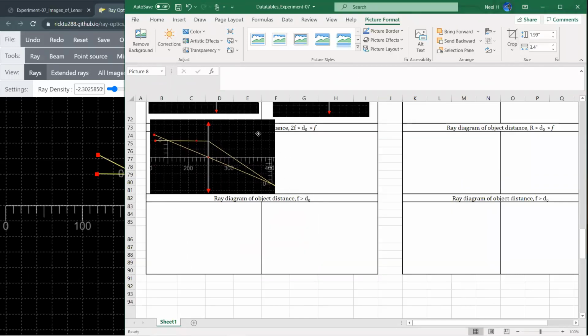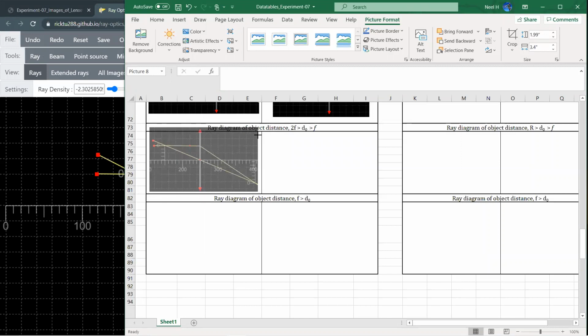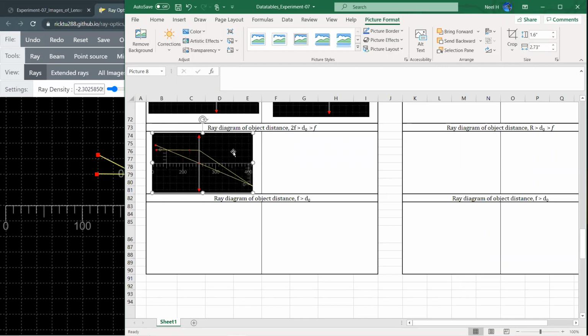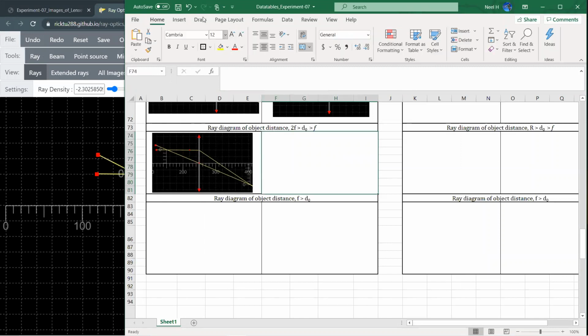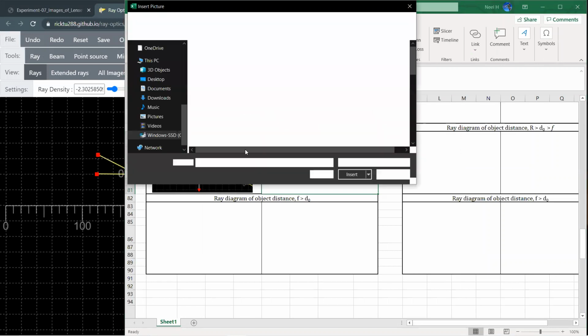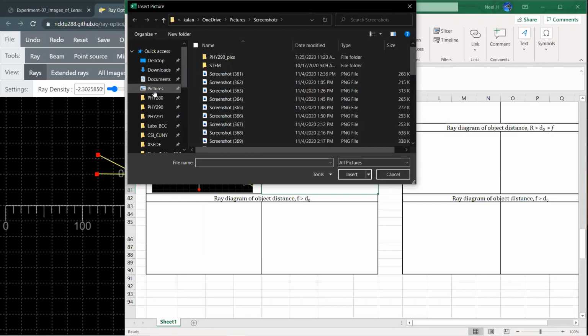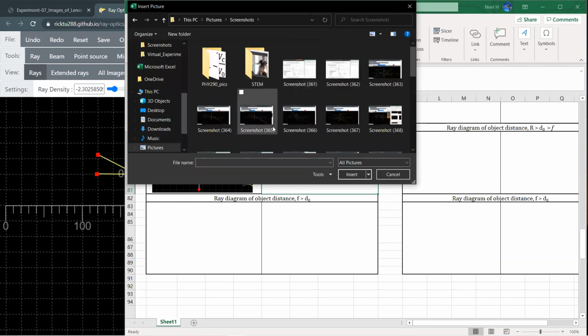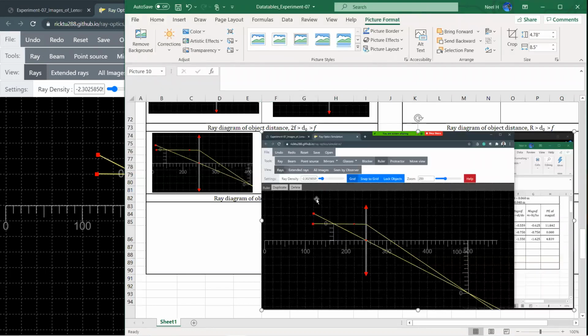This goes here. And then we need to change the size of the pictures to match this amount of space.